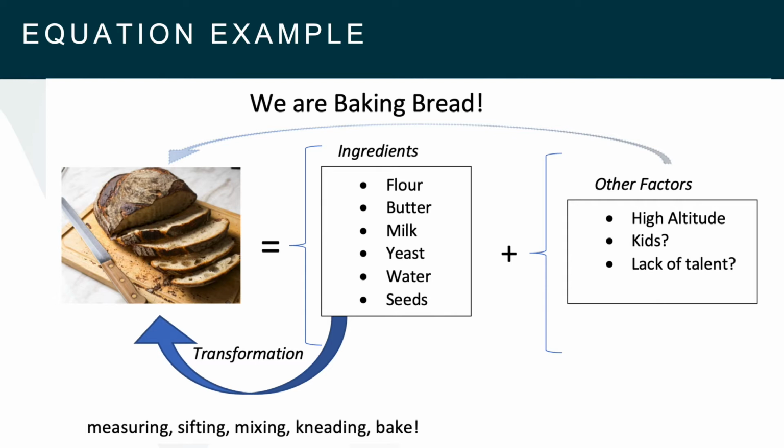I've also shared with you already that baking is not my deal. So lack of talent also influences how that bread comes out. And that is that E factor. It's not exactly an error, I mentioned that earlier, but it will certainly influence how that bread comes out.